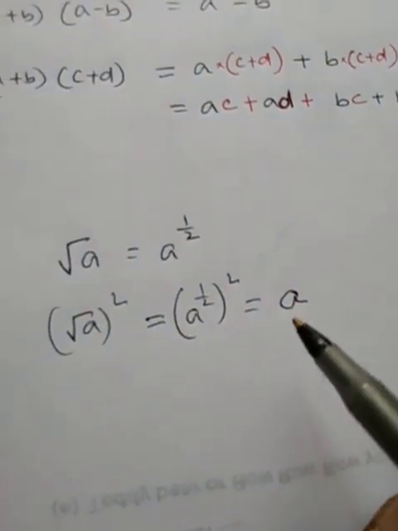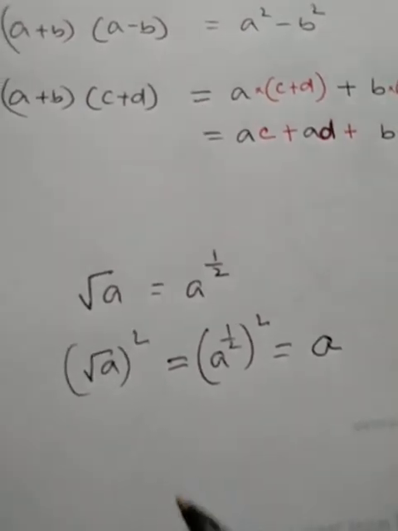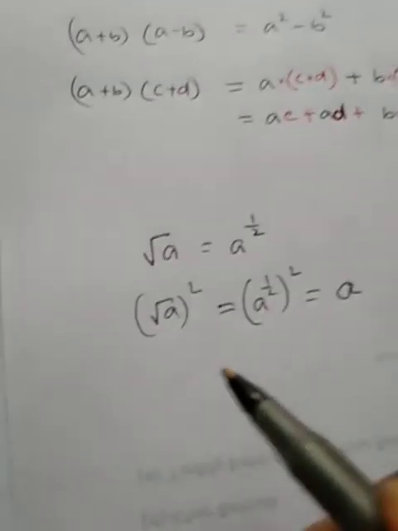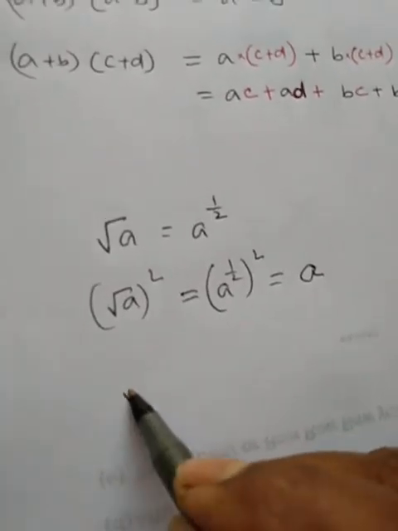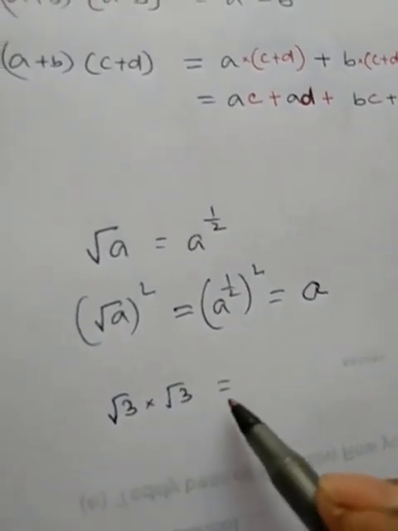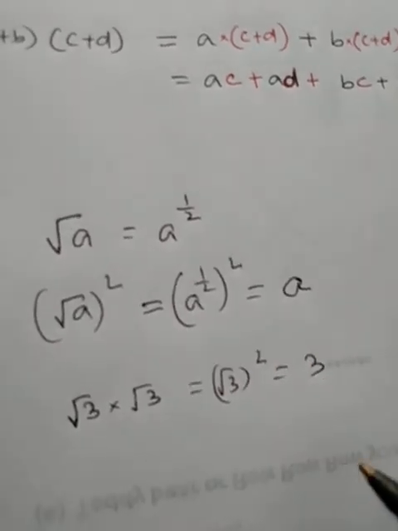Please remember that, because we are going to use it in today's class. Root over a square is a. So if we have root over 3 into root over 3, that will become root over 3 square, and finally it is 3.